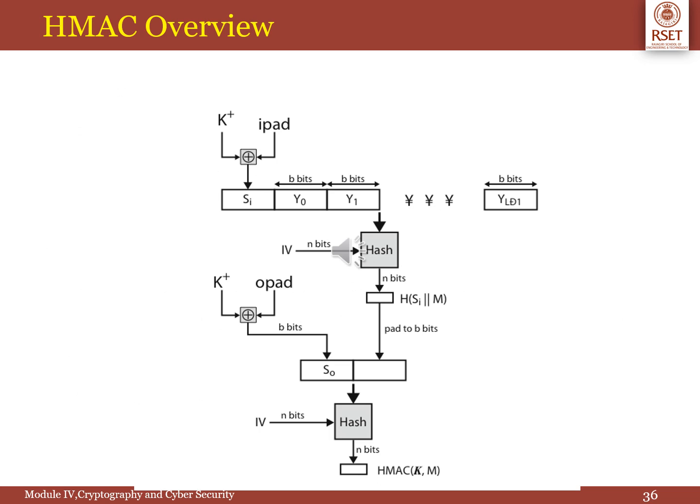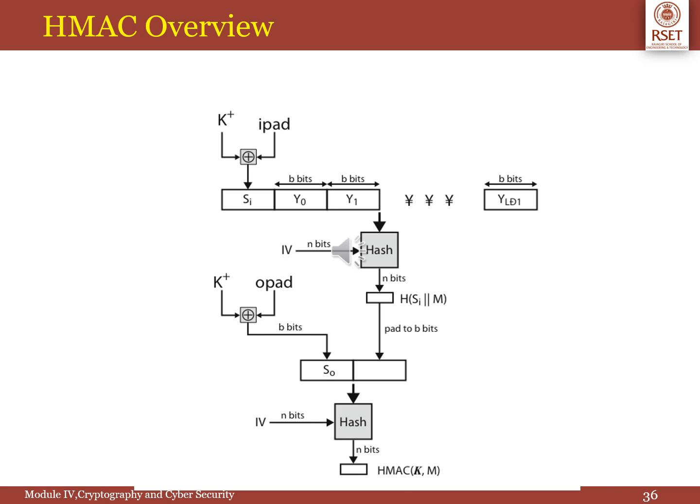HMAC is another variant of the MAC codes. Here, there are different steps to be followed to form an HMAC code. First, append zeros to the left end of the key K to create a B-bit string, which is depicted as K plus.